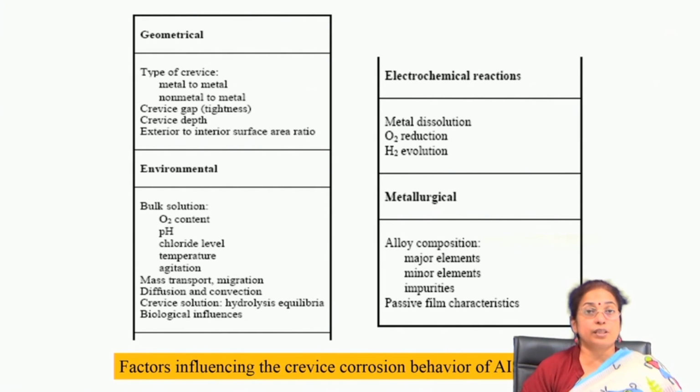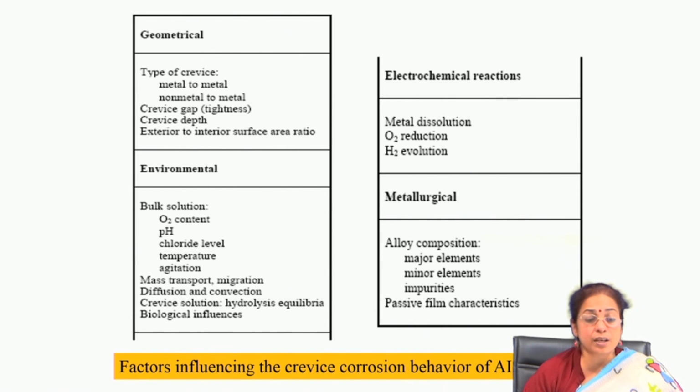If you compare these three cases, you will find that the minimum crevice attack will be in 316 stainless steel, because there is a highly stable oxide formation. Even though there is differential aeration cell formation, it does not get deteriorated. Even if there is chloride in the environment, the chloride cannot breach the oxide layer forming on the surface.